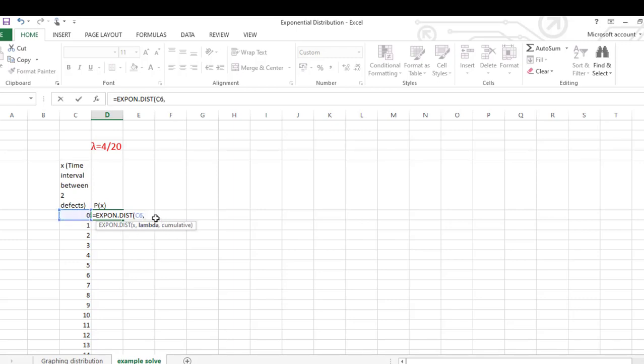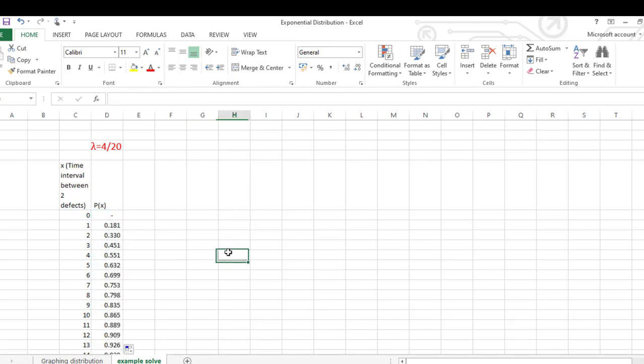Then lambda, that is the number of defects per time interval, that is 4/20, so lambda would be 0.2. Okay, and for the cumulative distribution function we should use the true command. So here I am using the true command for that. Okay, so we have got the corresponding cumulative probability against the time interval between two defects.